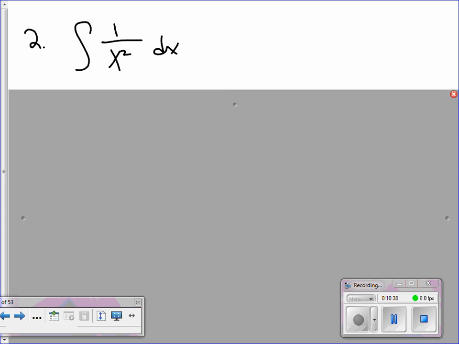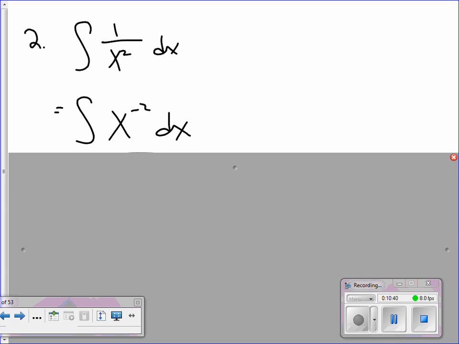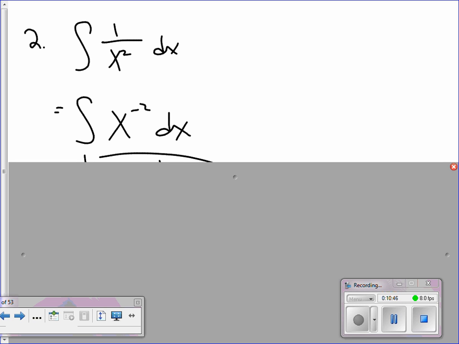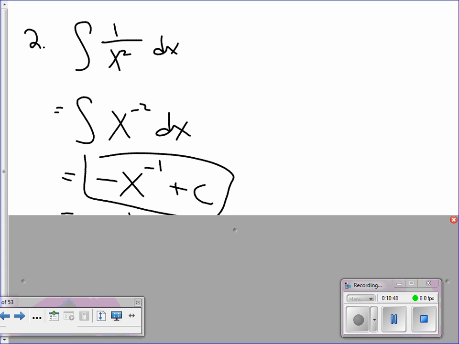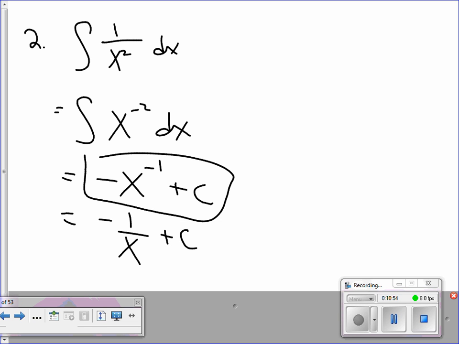Yeah. You can only integrate x to a power other than negative 1 if you bring it up. Now we add 1 to the exponent and multiply by the reciprocal. Now, if they didn't have this choice there, you would have rewritten it as negative 1 over x plus c. Do we like that one? That was a nice straightforward one.